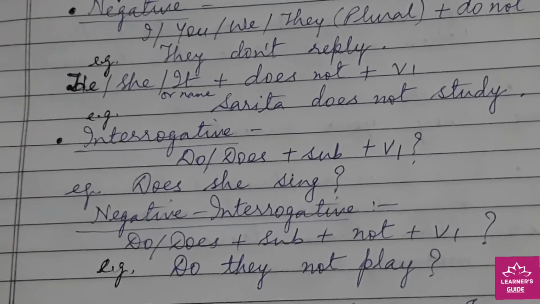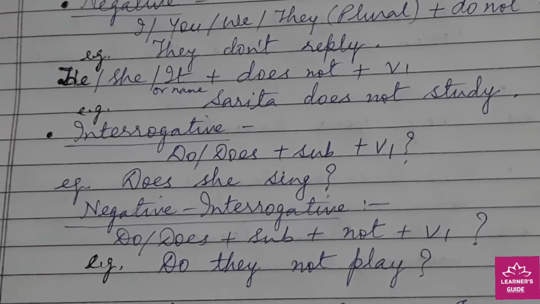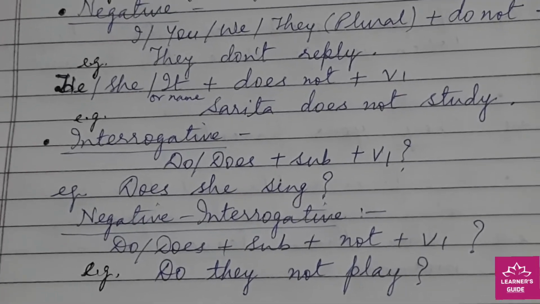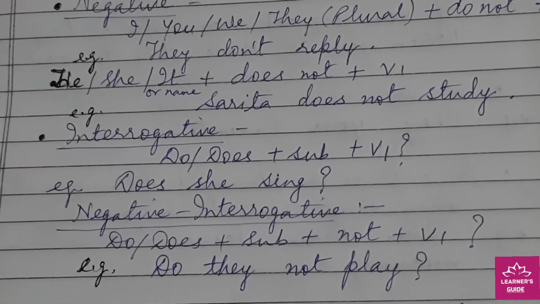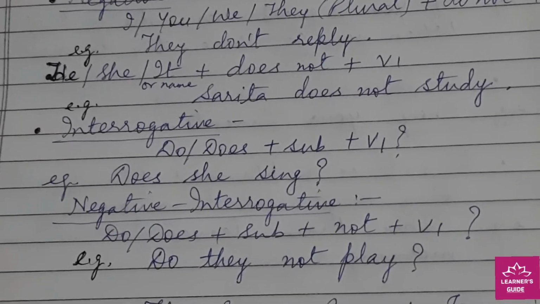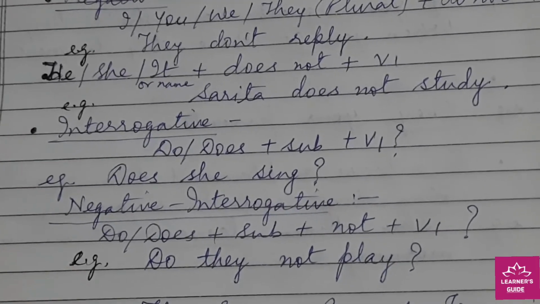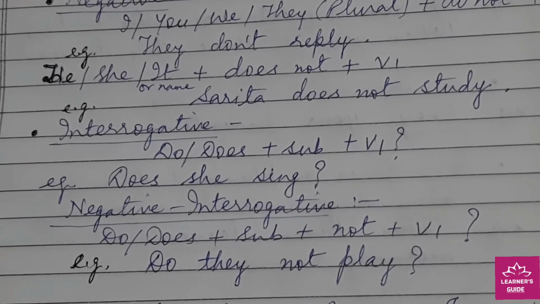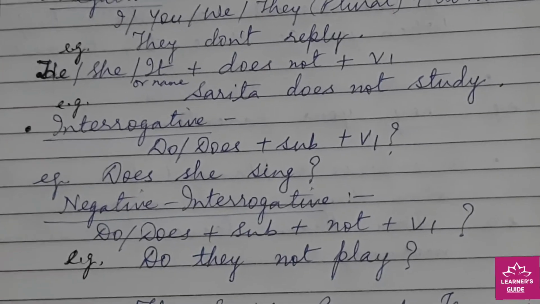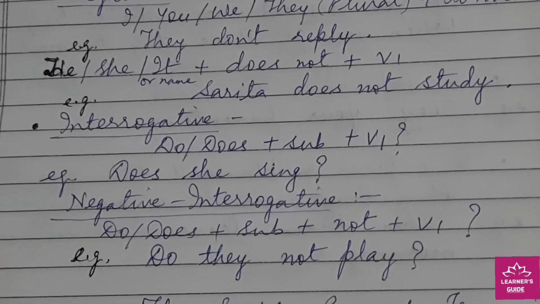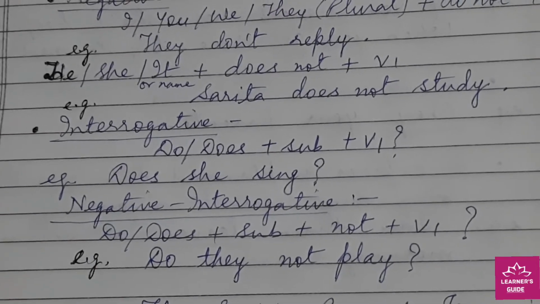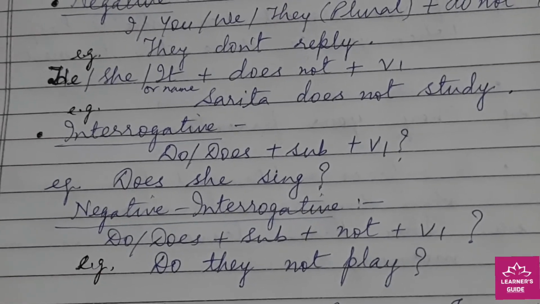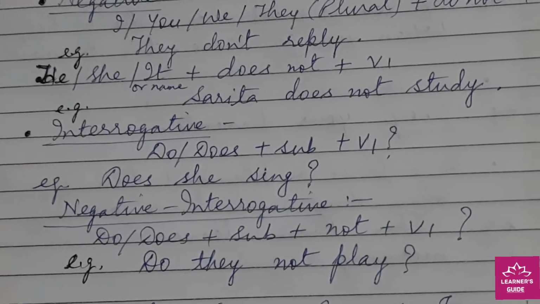Okay? Now how to make an interrogative sentence? Just do or does comes first before the subject, and then the verb's first form is used. Okay, like in this example you can see does she sing or does he write.